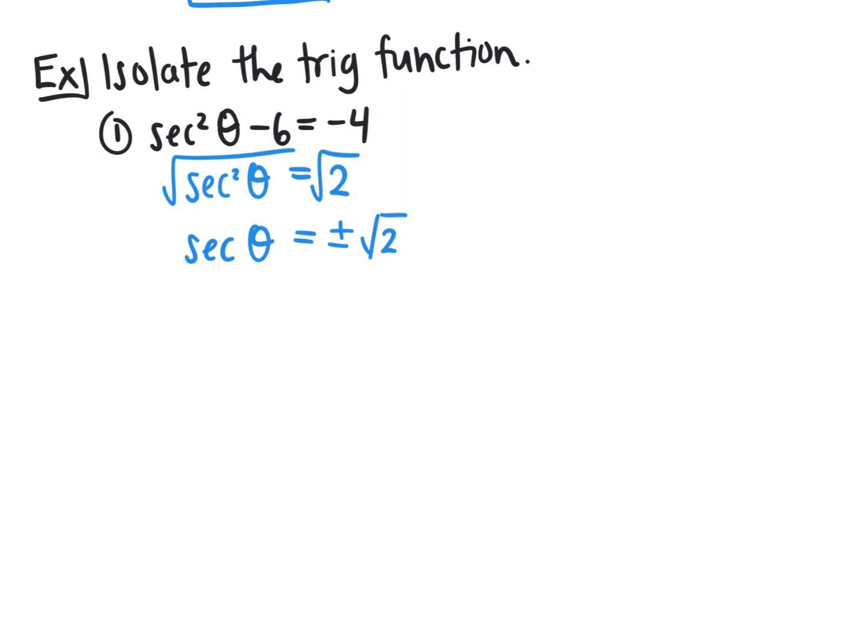However, I'm not comfortable with the secant graph. I know the sine and cosine and tangent graph really well. I'm going to try to get sine, cosine, or tangent by itself. So again, this is okay, but I'm more comfortable with cosine, so I'm going to get this to cosine. Secant is 1 over cosine.